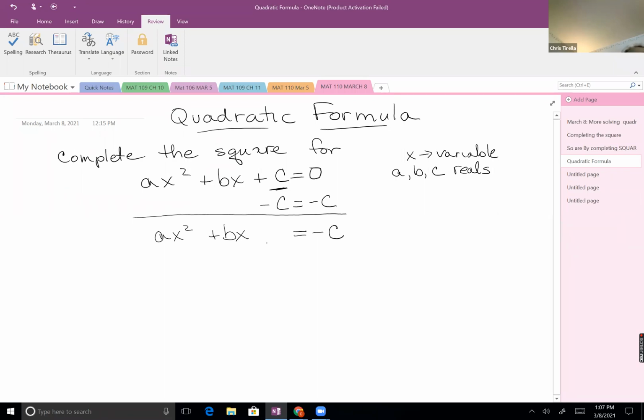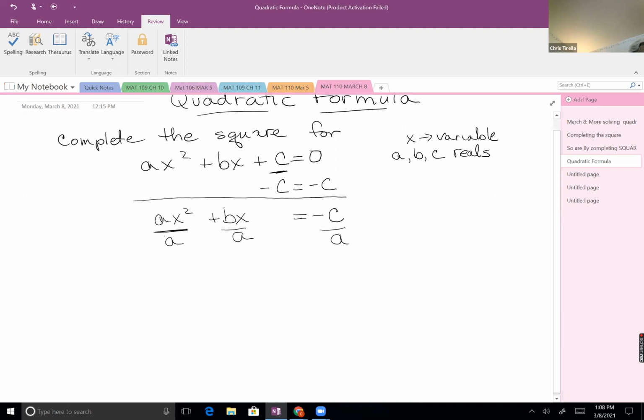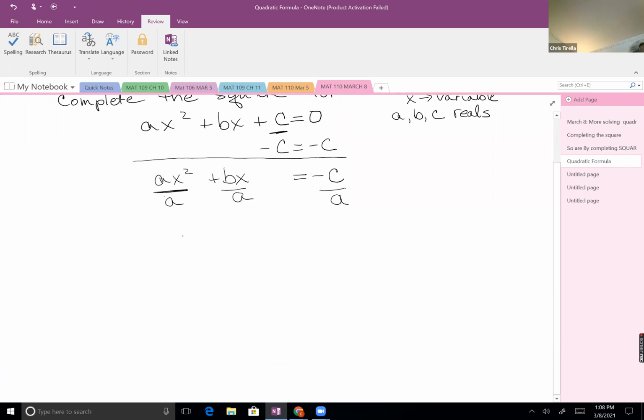We said before we filled in the blank, we wanted to make sure that the coefficient on an x squared was 1. So we're going to have to divide both sides by a. So that gives me x squared plus b over a x equals -c over a.